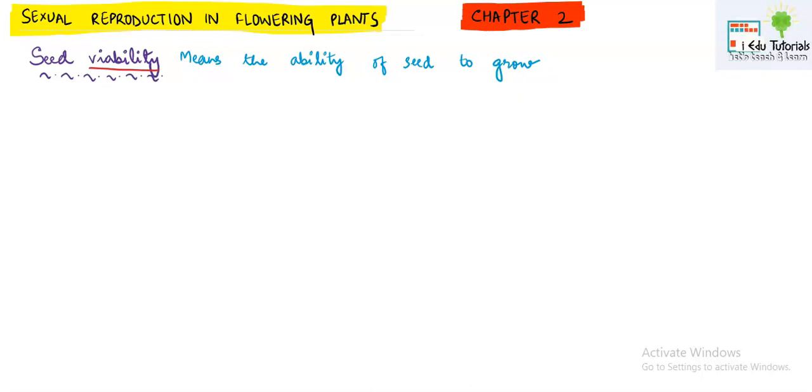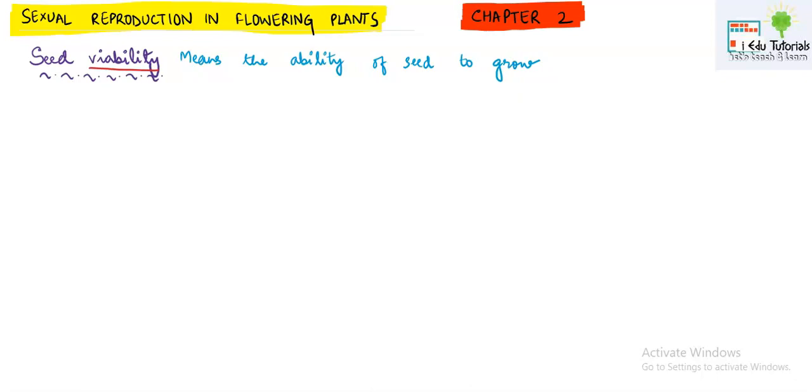Now whenever a seed grows, you know that the radicle grows into a root and the plumule divides mitotically to grow into a shoot. So any seed that is able to grow has a living embryo in it. The embryo has a definite period for which it is living. Each seed has a different viability period, right?